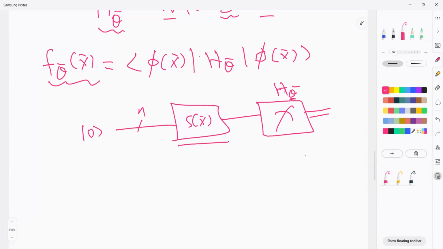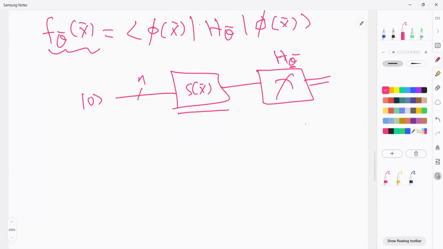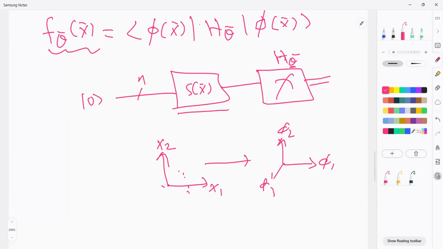And then this S of x is just the feature transformation. So before I do the algebra, you can now imagine what's going on. This S of x is taking our data in a feature space X and transforming it to another feature space, S1, S2, S3, and actually we have called it phi. So let me call it phi: phi 1, phi 2, phi 3, and so on.